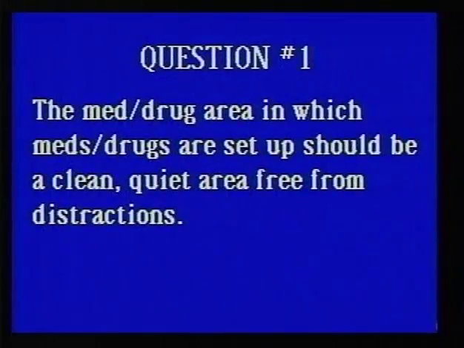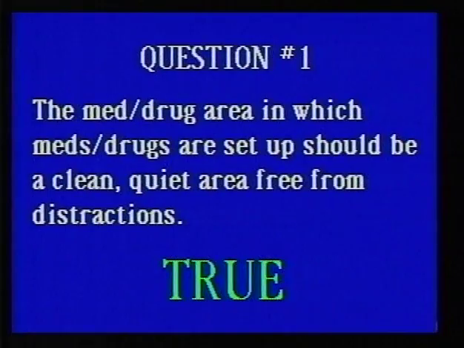Welcome back. So let's talk about the answers here under Part 8. These were true and false questions. I'll read the question and then I'll tell you the answer. Number 1, the drug area in which drugs are set up should be clean, quiet, and free from distractions. The answer is true.